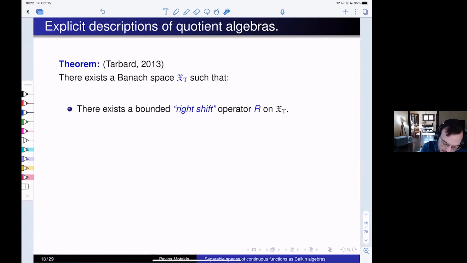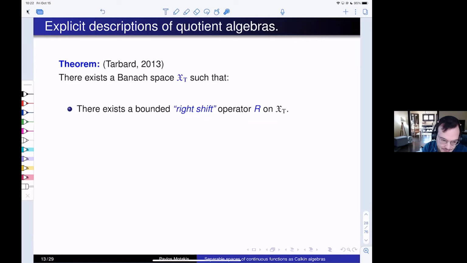He defined a Banach space, let's call it X_T, which has a basis, and this is modeled after the Argyros-Haydon space, on which there exist only scalar operators and compact operators, nothing else. On this space, there additionally exists a right shift operator. It's not exactly a right shift, but it looks like a right shift. It's basically take a bunch of right shifts on finite dimensional spaces and string them together.